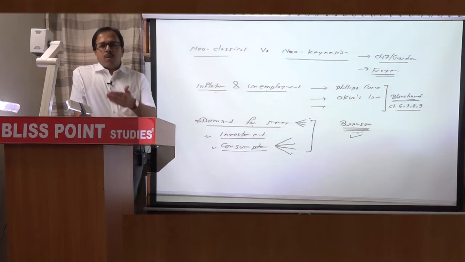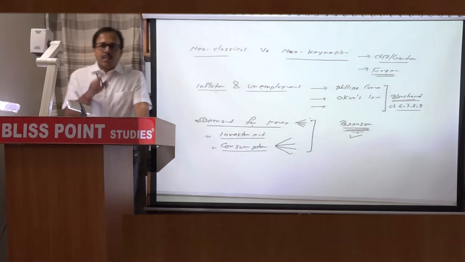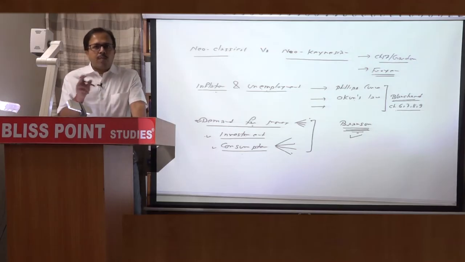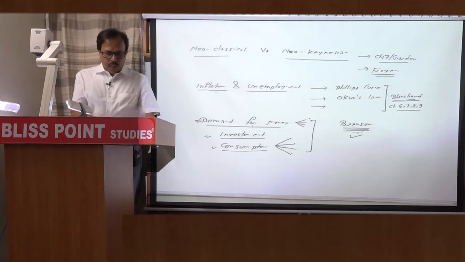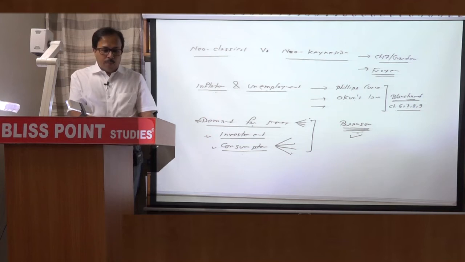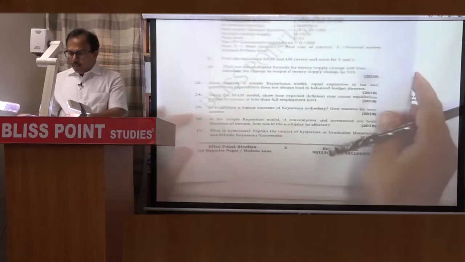But the question was modified. In all the books we assume consumption as a function of income, but investment as autonomous. But the question was: what will be the impact on the multiplier if consumption and investment both are a function of income? Those types of numerical, applied questions you must be able to attempt in the exam.